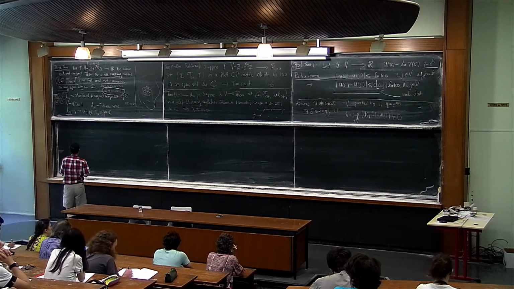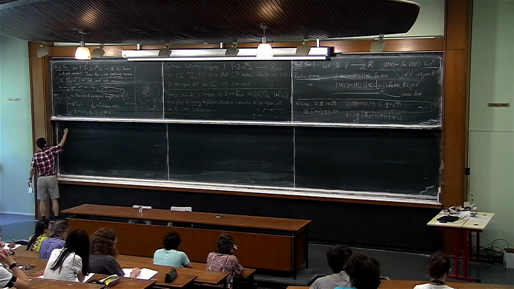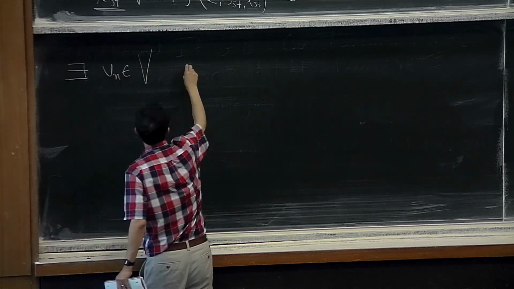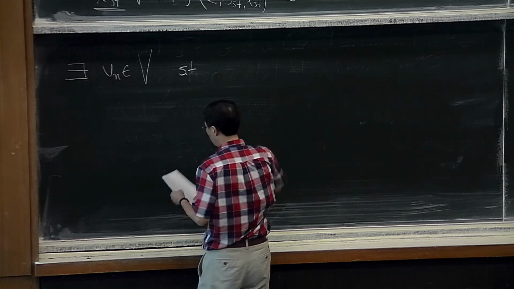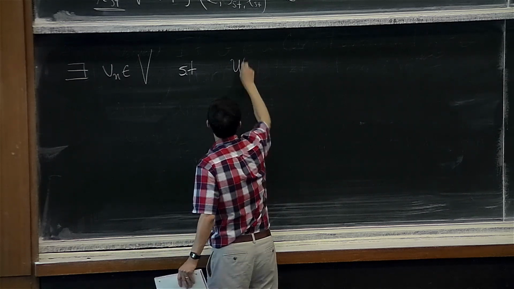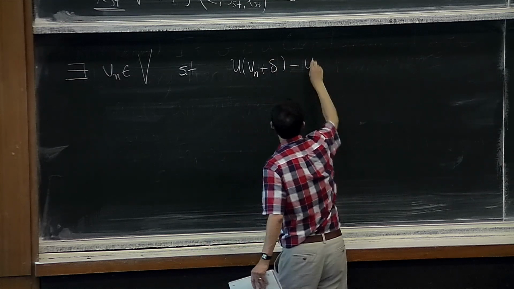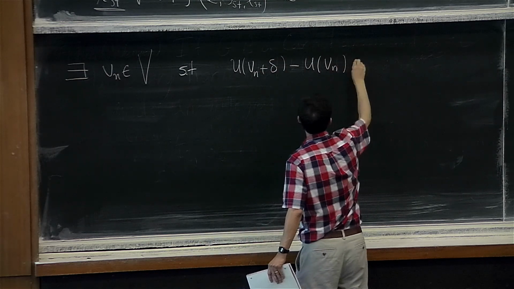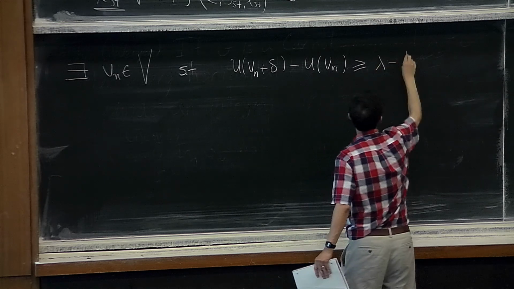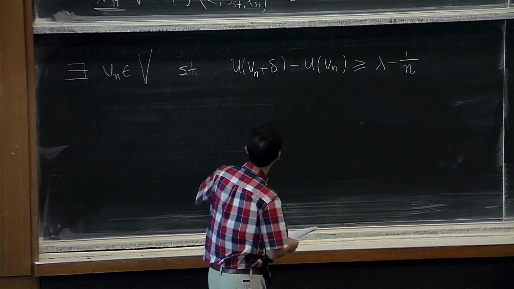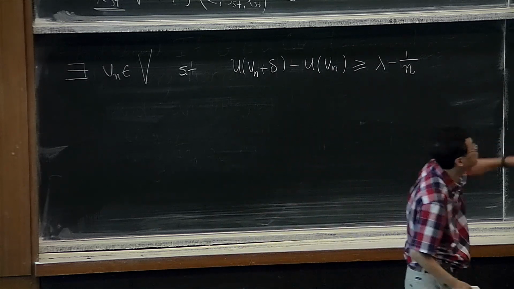Okay, so then I can find a sequence. So you can find a sequence of vertices v_n in V such that the value u of v_n plus delta minus u of v_n is at least lambda minus 1 over n. And so I choose a sequence of vertices whose difference is now approaching the supremum.